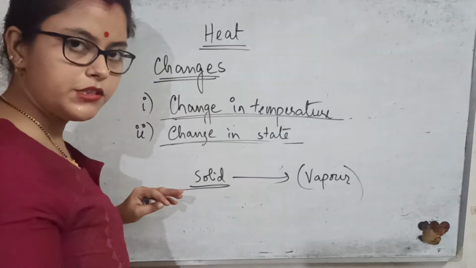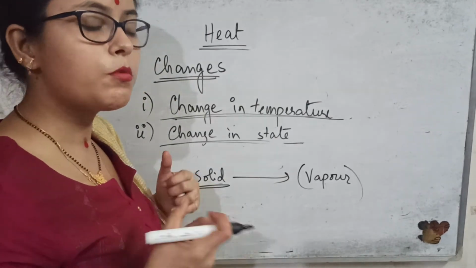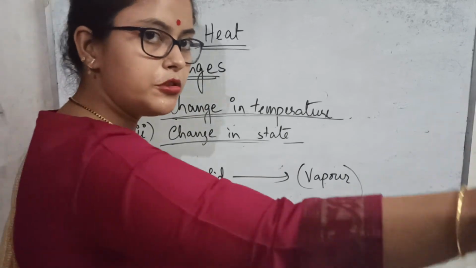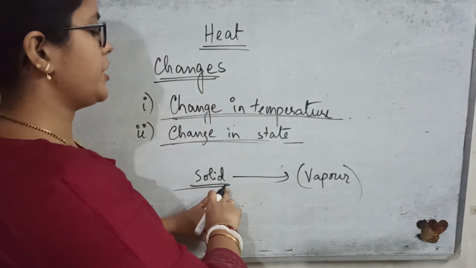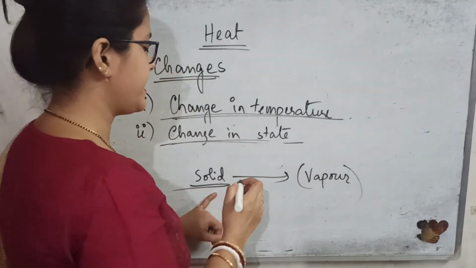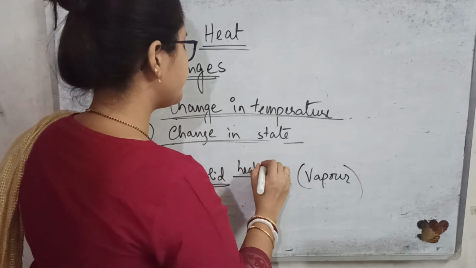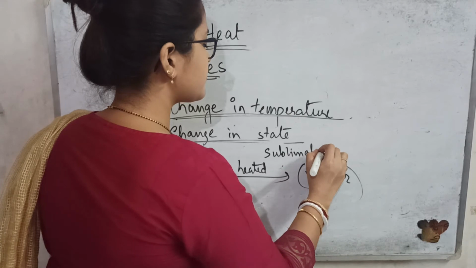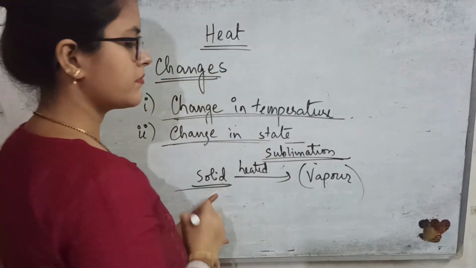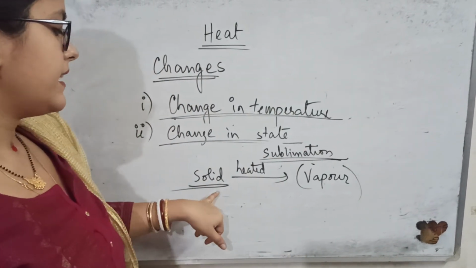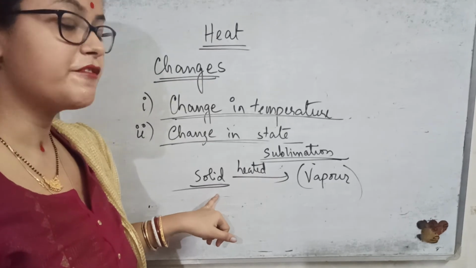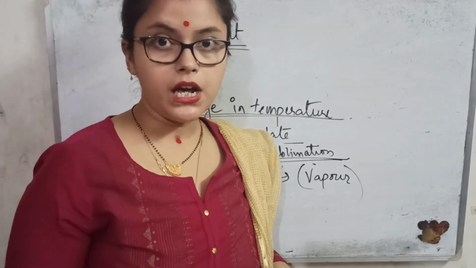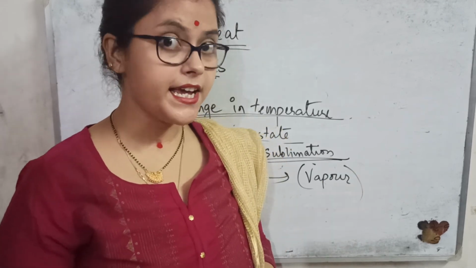There are some solids, when they are heated or when they acquire heat energy, they do not change into liquid and then to vapor or gas. Rather, they change directly to the vapor state, and that process is called sublimation. For example, camphor, naphthalene, ammonium chloride, iodine, dry ice even.